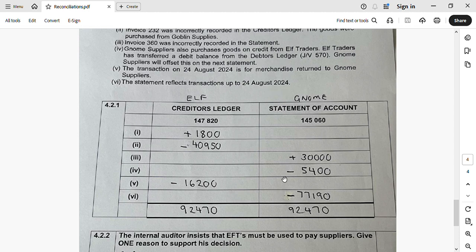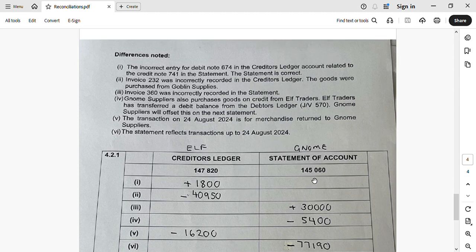The money that they owed us now is going to come off what the amount is in the creditor statement. Otherwise, both businesses have to issue EFT payments to each other, which is a waste of time. Because they owed us that money, instead of them giving us that money, we say, okay, subtract it from what we owe you. I hope that makes sense.